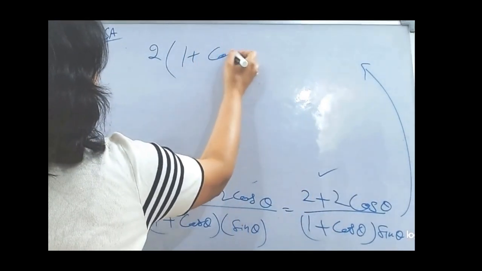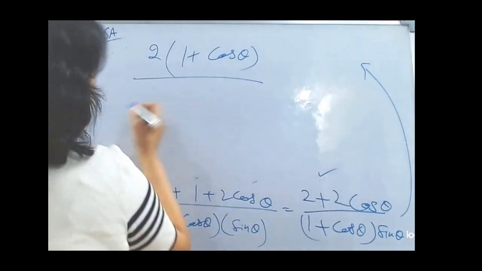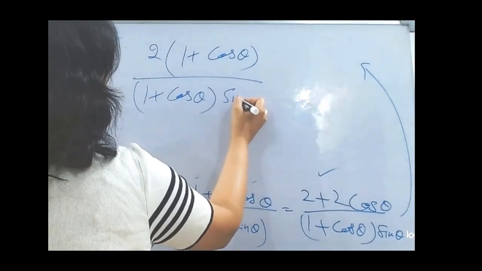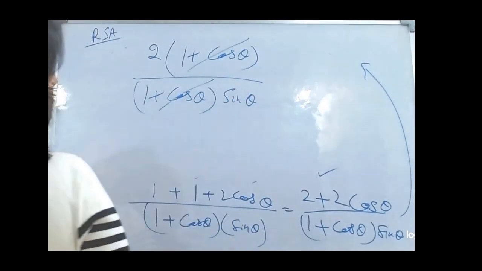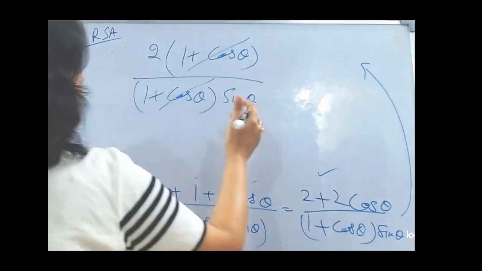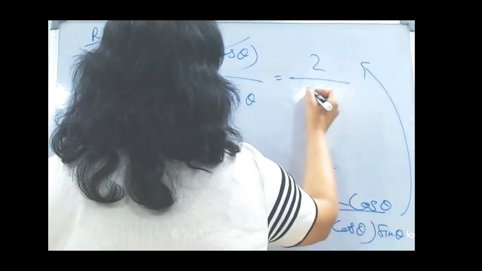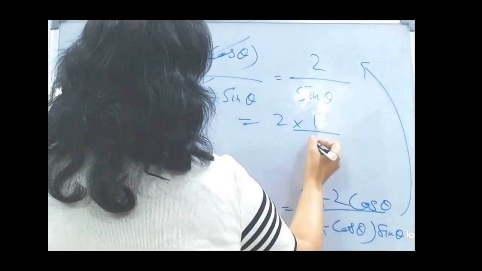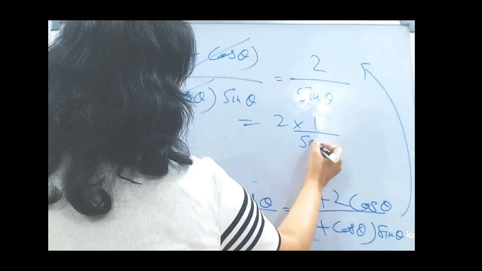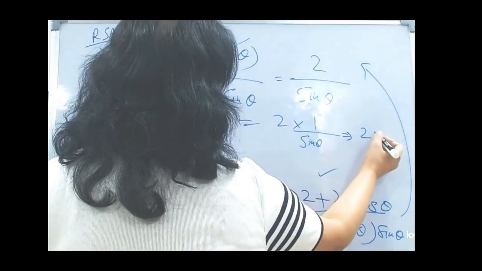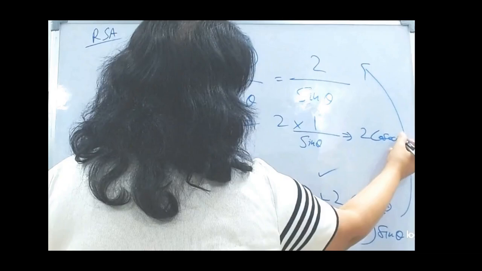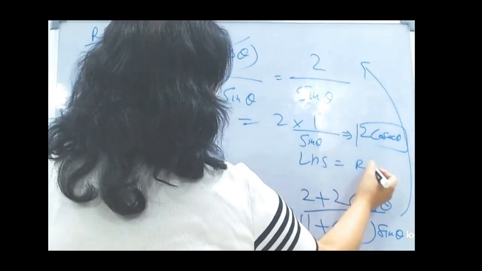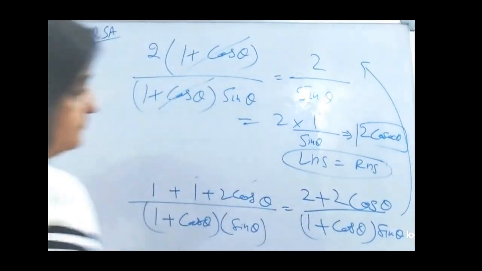So 1 plus cos theta upon 1 plus cos theta into sin theta. Some got cancelled. So 2 by sin theta, which is nothing but 2 into 1 by sin theta, which means 2 into cosec theta. So like this, left hand side is equal to right hand side.